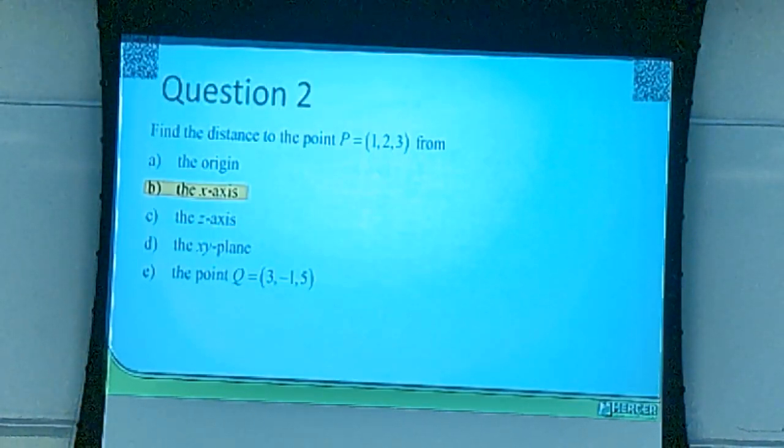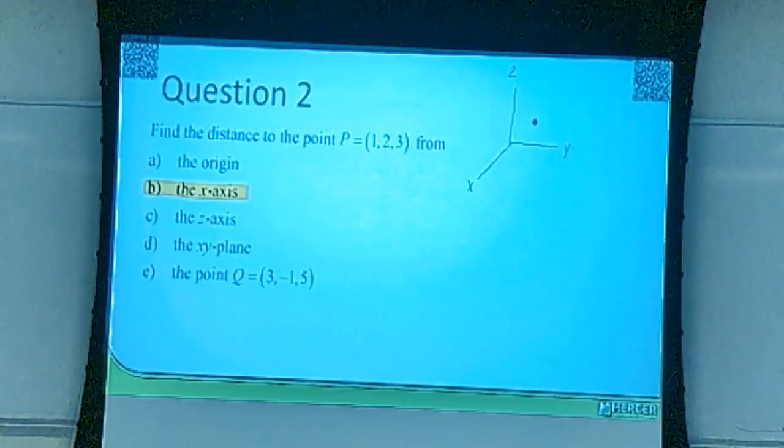The x-axis, okay, so we're going to draw three-dimensional coordinates. Typically, that's how we represent it. Remember, the x comes out at you. Now let's just say maybe there's our point in space.